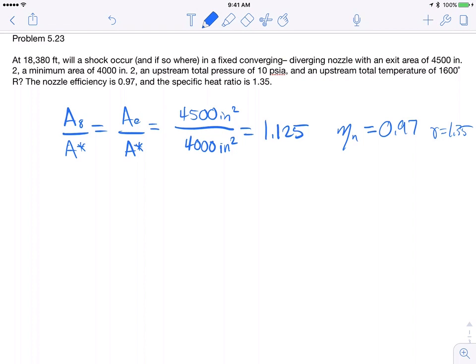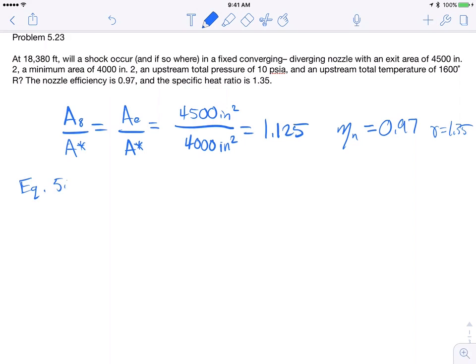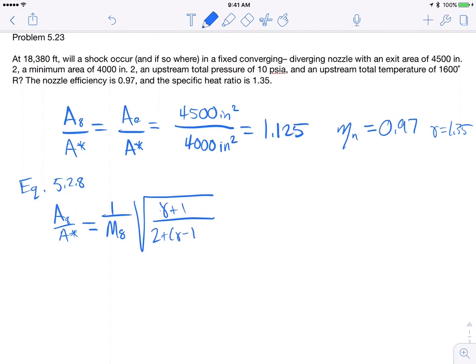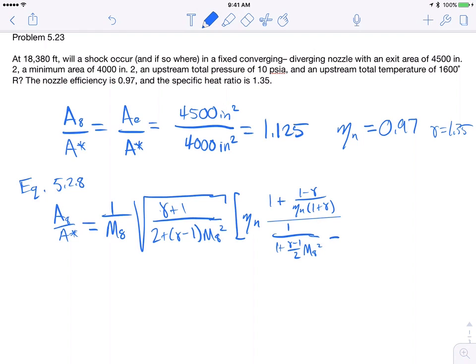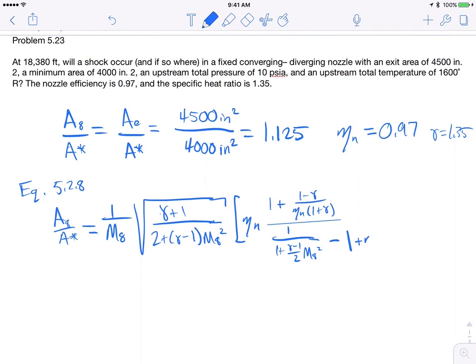And so in order to figure out the actual Mach number and pressure ratio that would result, we need to solve equation 5.2.8 in your book, which gives us this area ratio as a function of the Mach number at the exit, M8, with a big function of gamma: gamma plus 1 over 2 plus gamma minus 1 times our exit Mach number, times our nozzle efficiency, times 1 plus 1 minus gamma over eta n, 1 plus gamma, all of that over 1 over 1 plus gamma minus 1 over 2 M8 squared, minus 1 plus eta n.